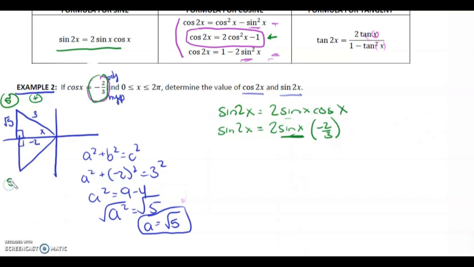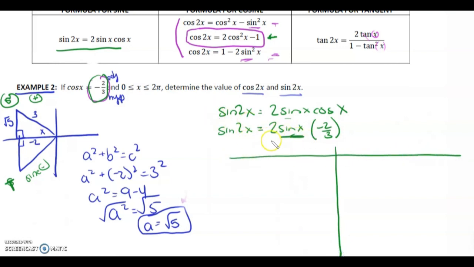If this is in the third quadrant, CAST, this is the tan quadrant, our sine is going to be negative. So we actually have to split this up because we're going to get two different solutions. We're going to get a quadrant 2 solution and a quadrant 3 solution.